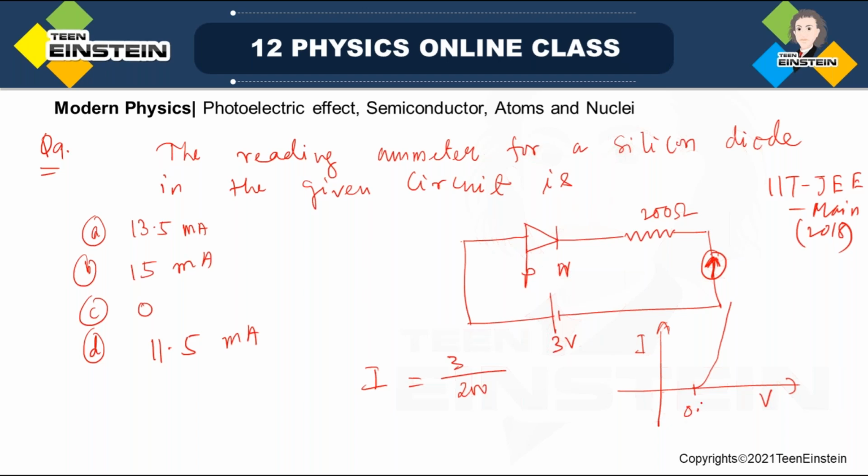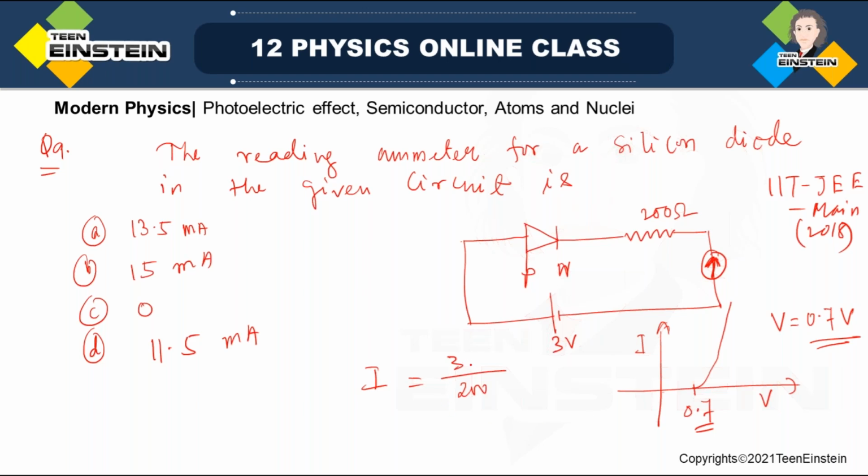So a threshold voltage is required. A silicon diode will conduct only after V is equal to 0.7 volt. Beyond this there will be current.